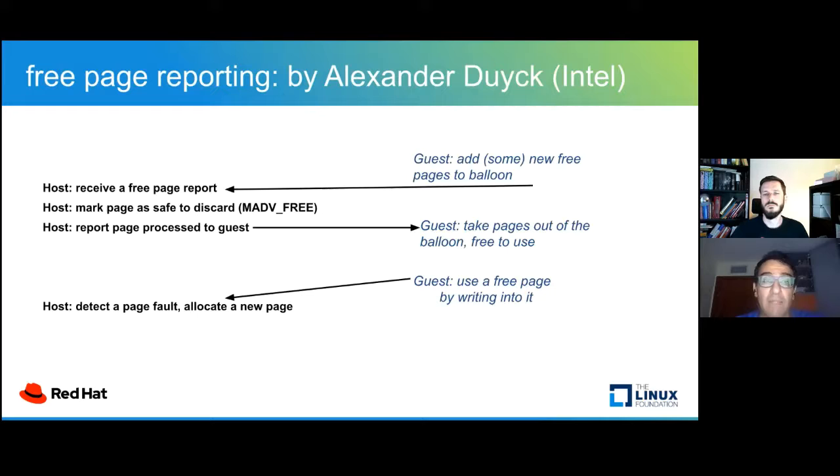To solve some of these issues, we have free page reporting, which is a newer feature, also from Intel. It's designed to solve the disadvantages of hinting. Free page reporting is initiated by the guest, which takes action when a significant number of new free pages accumulates. At this point, the guest takes some of these pages, by default about 1/16 of the free pages, and adds them to the balloon.